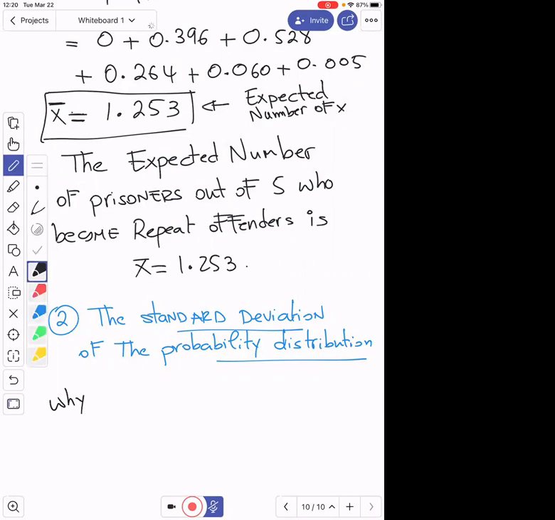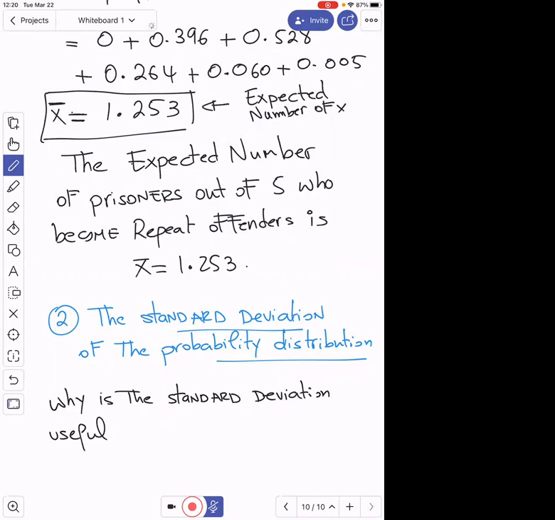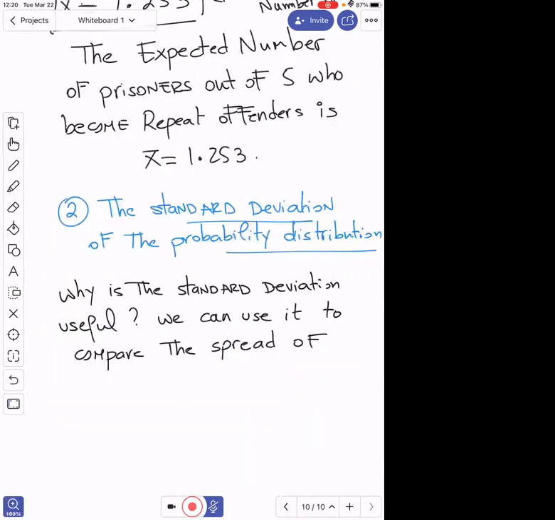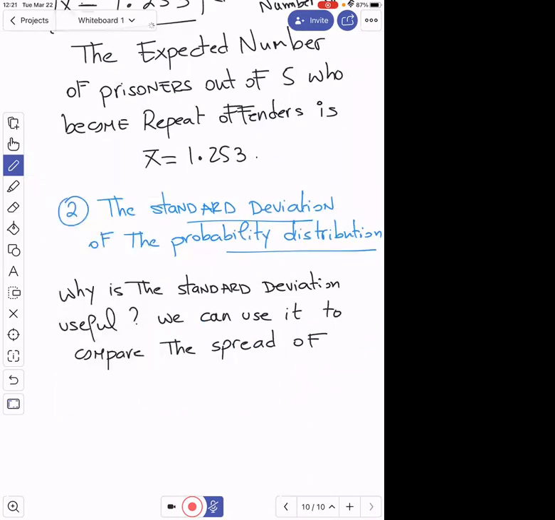Why is the standard deviation useful? Well, the answer is we can use it to compare the spread of the probability distribution about the mean, about the x bar.